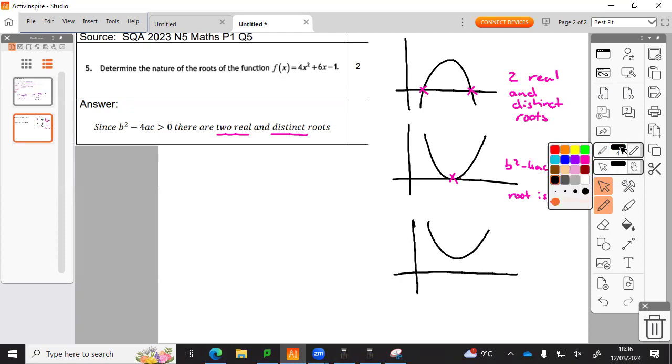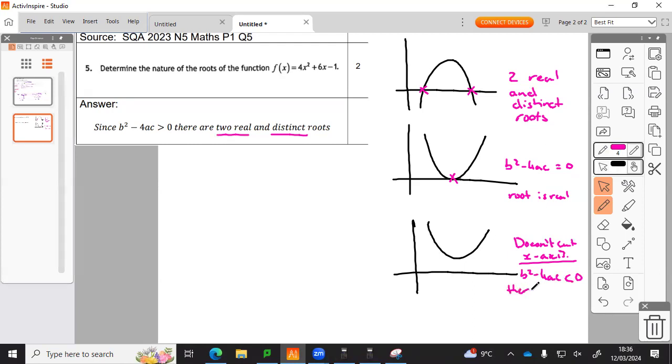It doesn't cut the x-axis. Right. So b squared minus 4ac less than 0, and there's no roots.